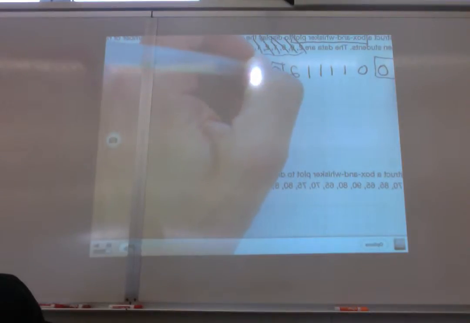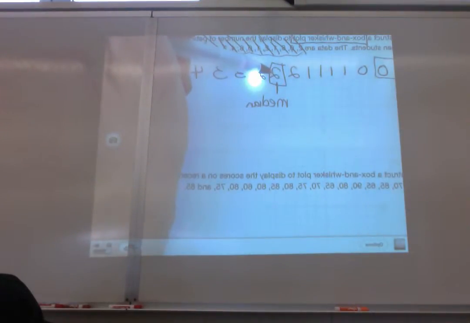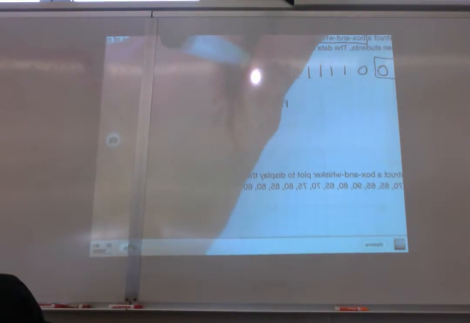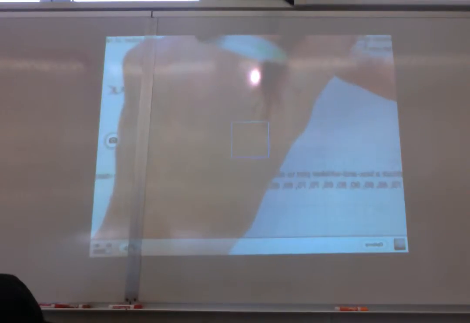Okay, so now from this median, if I'm just looking at the bottom half, I have to find the exact middle. There's 8 going this way, 8 going that way if I include the median. So 1, 2, 3, 4, 1, 2, 3, 4.